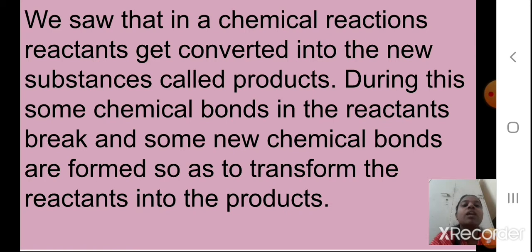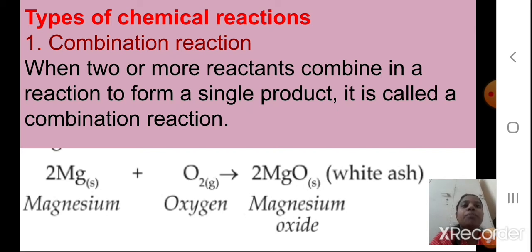During this, some chemical bonds in the reactants break and some new chemical bonds are formed so as to transform the reactants into the products. Okay, so now we will see about the types of chemical reactions.